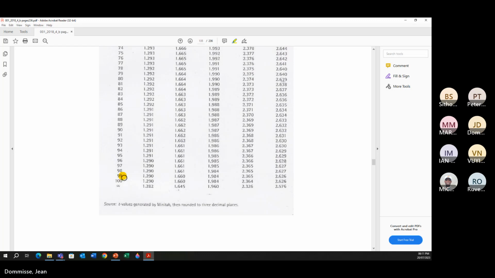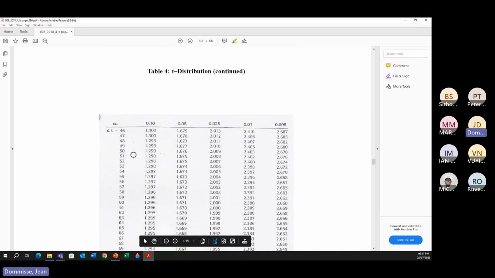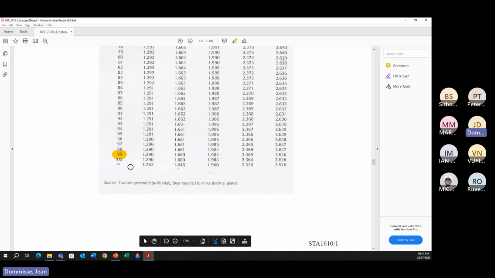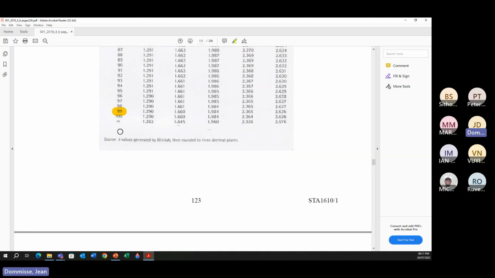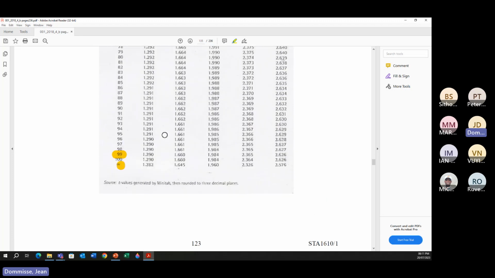Okay, so let's find 99. Again, in the exam, the T number will be on this table. You will not get a T that is 150. If you get a T that is 150, you can assume that it is actually a normal distribution and use the normal distribution numbers.